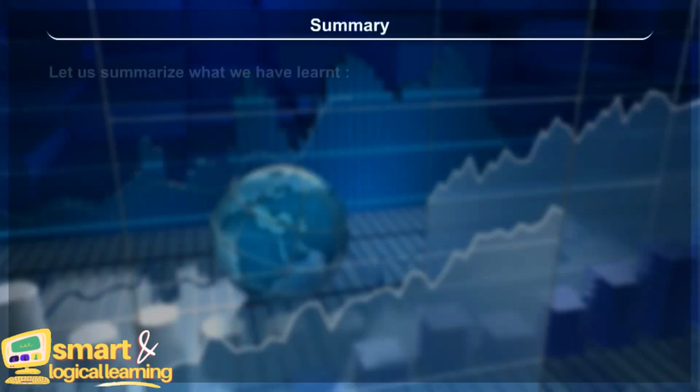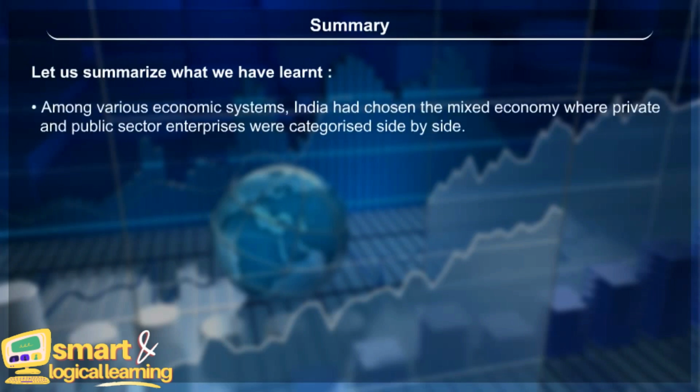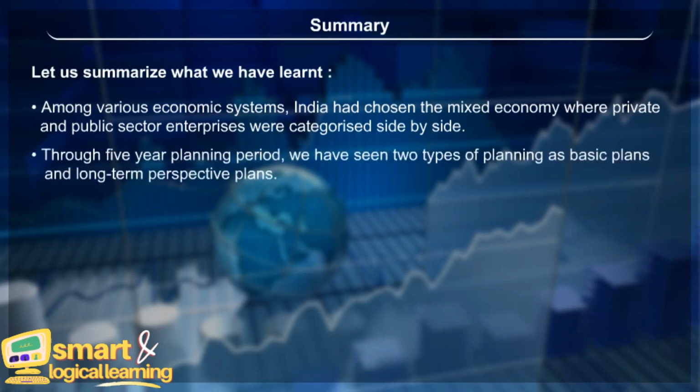Summary. Let us summarize what we have learned. Among various economic systems, India had chosen the mixed economy, where private and public sector enterprises were categorized side by side. Through the five-year planning period, we have seen two types of planning, as basic plans and long-term perspective plans.